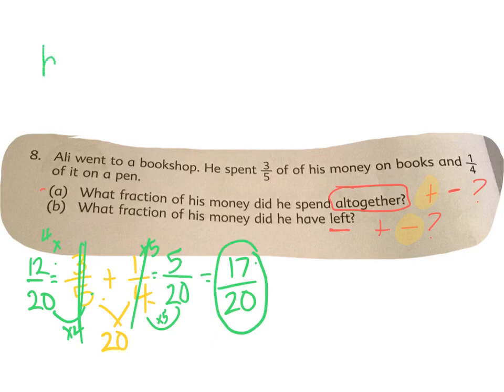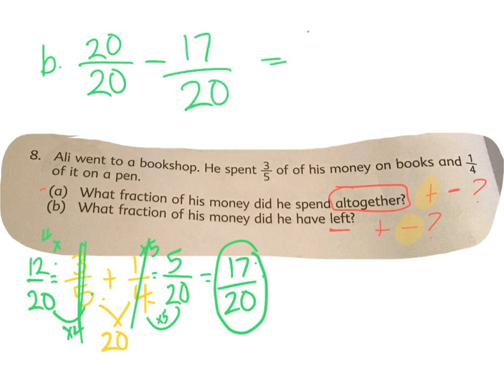Now let's go up to do B. What fraction of his money did he have left? Ooh, this is a little tricky. Well, how many 20ths is a whole? Yes, 20/20. So 20/20 is a whole. And if I take away 17/20, it equals 3/20.